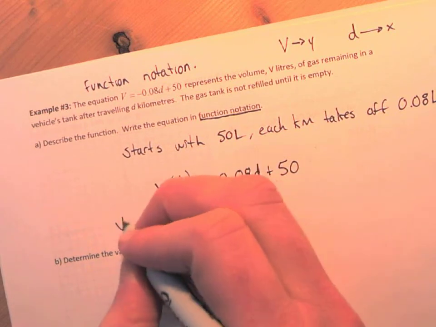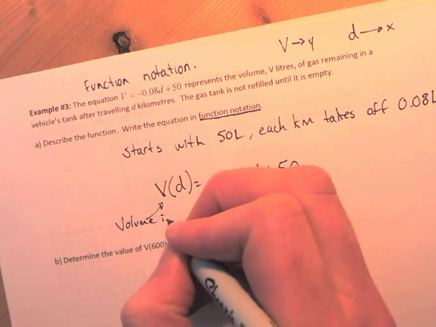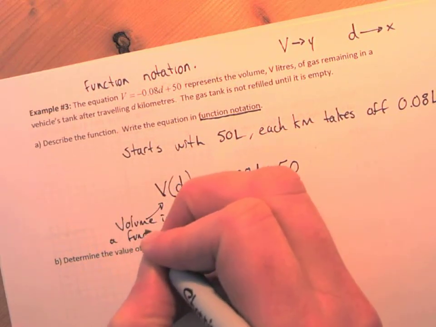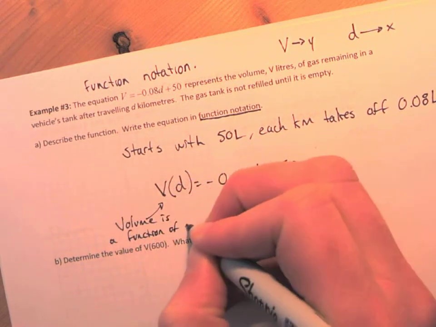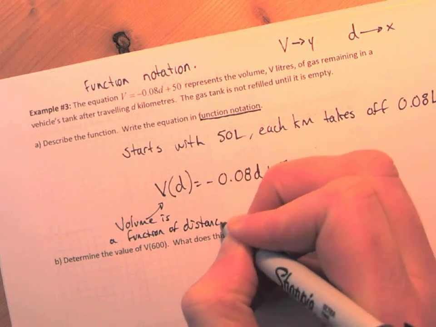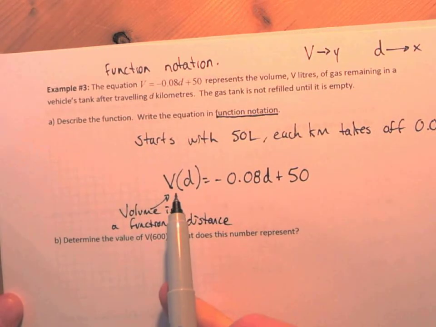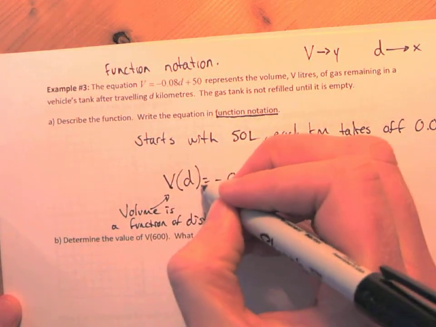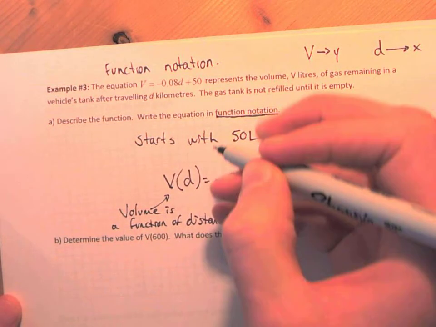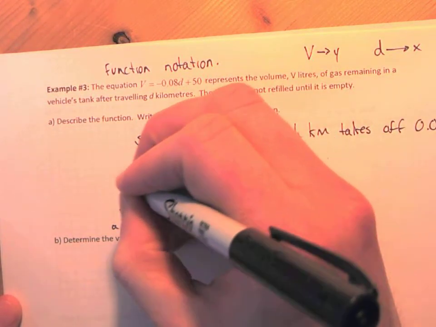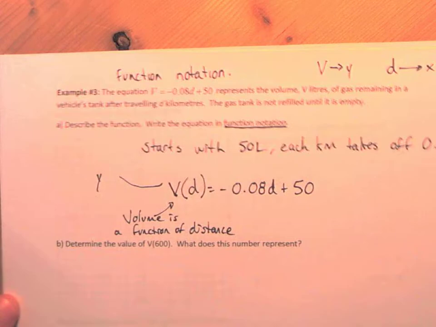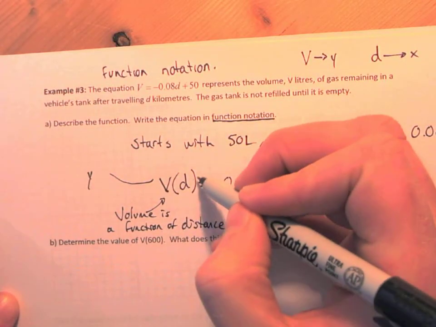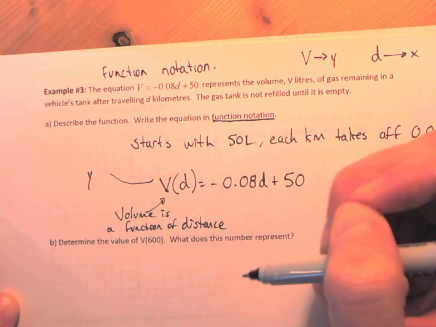What this means is volume is a function of distance. This is very confusing because it looks like v times d, but it's not. This is kind of its own variable. This is just the one variable. So this is synonymous with kind of just y. This whole thing, v with the d in brackets.